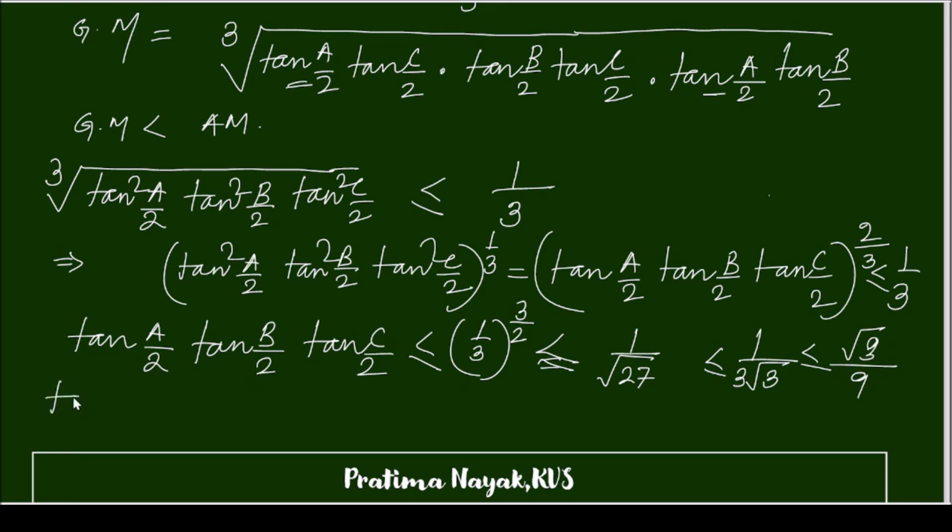We got the answer. So tan A by 2 tan B by 2 tan C by 2 is less than or equal to square root 3 by 9. I hope you have enjoyed it.